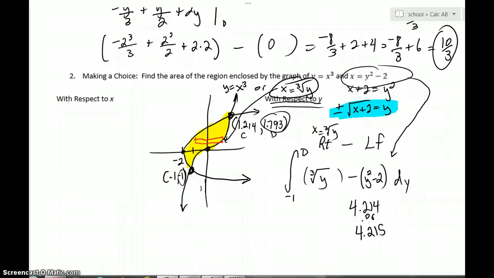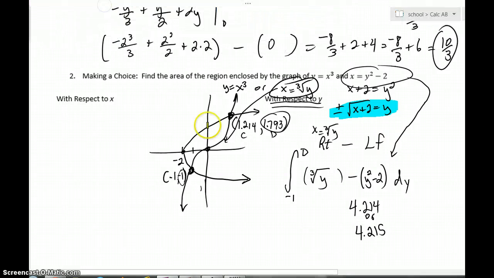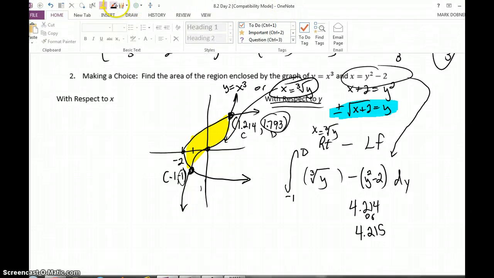Now at this point, you're probably thinking, well, wouldn't integrating with respect to x give us exactly the same thing? I'm sad to say it won't. Look, if I may just for a moment point out that when we're integrating with respect to x, we're going to always have not a right minus left boundary, but a top minus bottom.